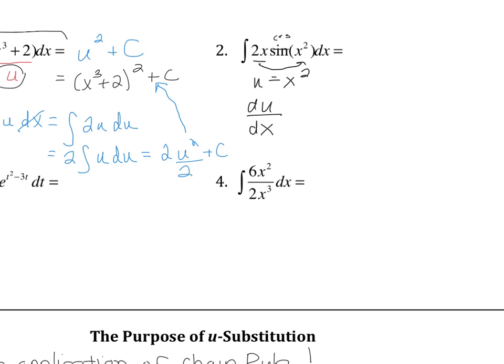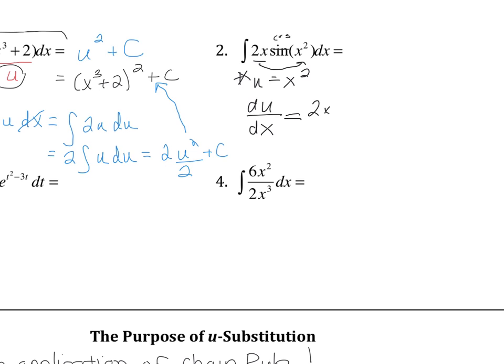And the thing to remember is that you obtain du dx not from the integral, not from what you think it should be. You obtain that from right here. Look at your function u. U is x squared. What is the derivative of x squared? 2x. Great.